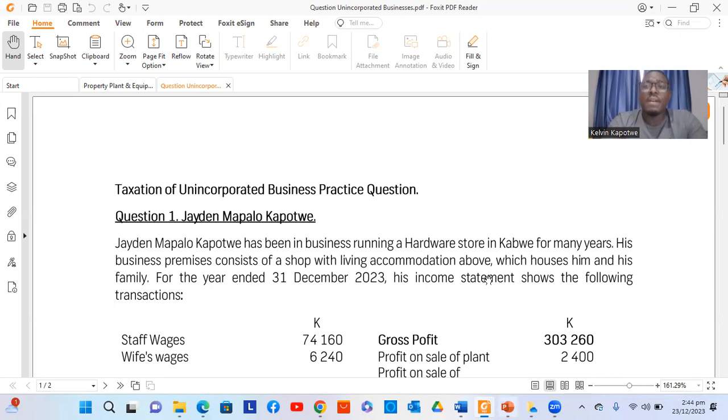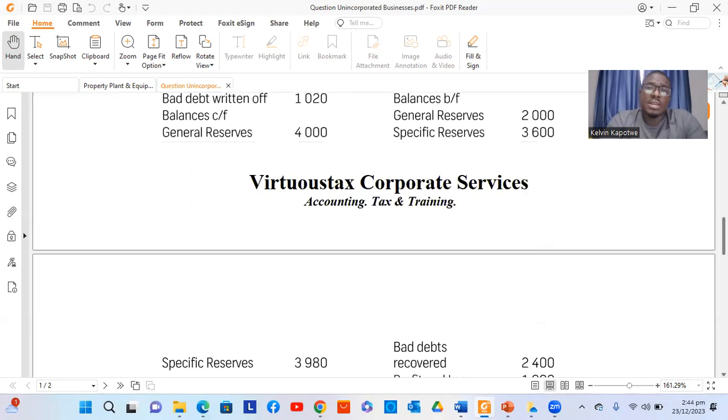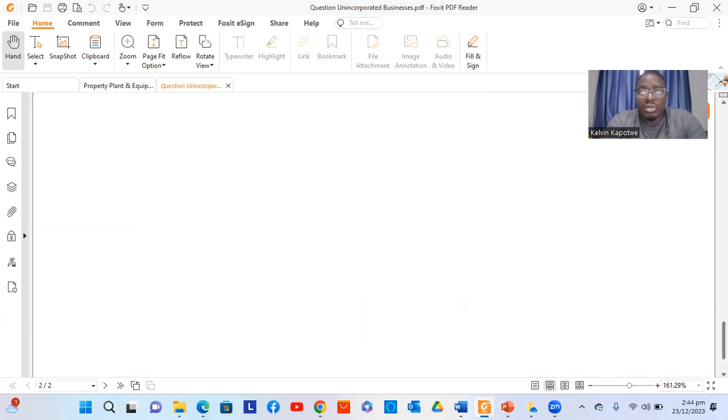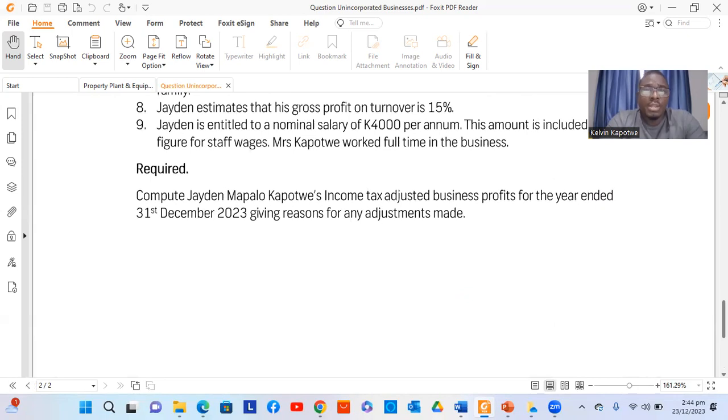So let's go to the requirements and see what the examiner wants us to do. Required: compute Jaden Mapalo Kapotwe's income tax adjusted business profits for the year ended 31st December 2023, giving reasons for any adjustments made.